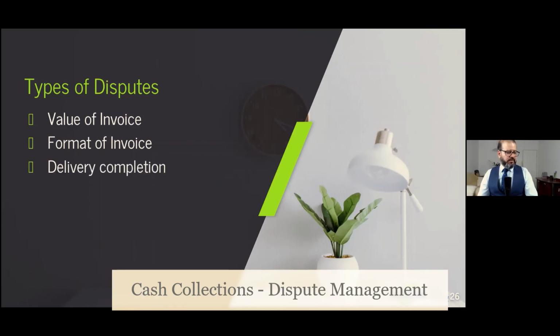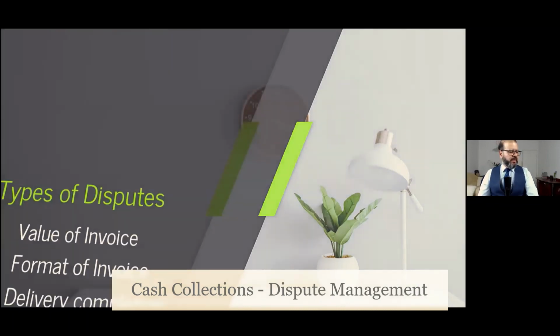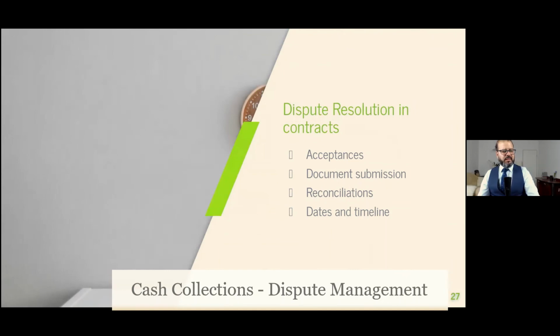Delivery, completion, so we discussed it. That is very important to understand. We have completed the deliveries. Service completion as well, but it's more or less the same thing. Yeah, and with this, dispute resolution in contracts, how you can look at that. How can contracts help you with fixing certain disputes at certain points of time?